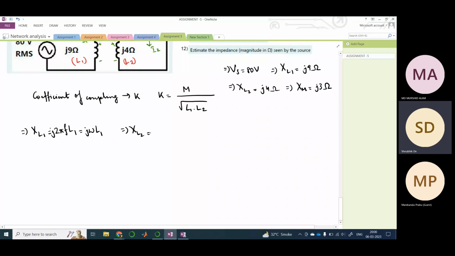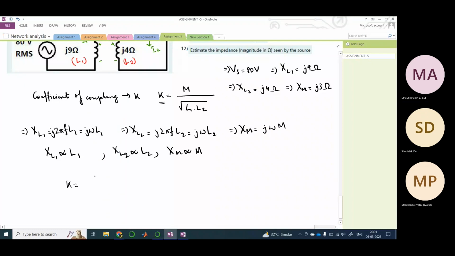Similarly, XL2 is j 2 pi f L2, which is omega L2, and XM is j omega M. Therefore, XL1 is directly proportional to L1, XL2 is directly proportional to L2, and XM is directly proportional to M. So we can rewrite this equation as XM divided by the square root of XL1 into XL2.